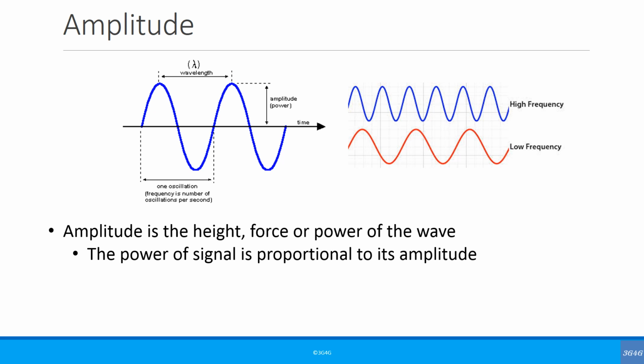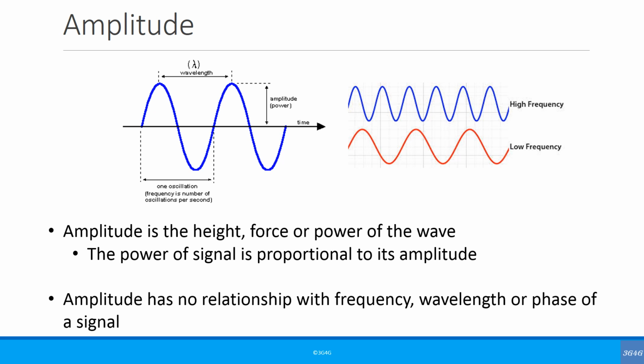So you can think of amplitude as the power of the wave. I often see people asking how amplitude is related to frequency or wavelength or phase. But there is absolutely no relationship between frequency, wavelength and phase with amplitude. Amplitude is a completely different thing compared to frequency, wavelength or phase.